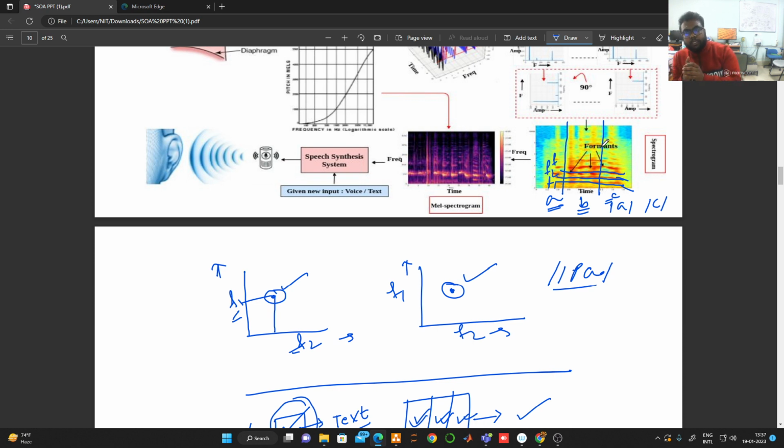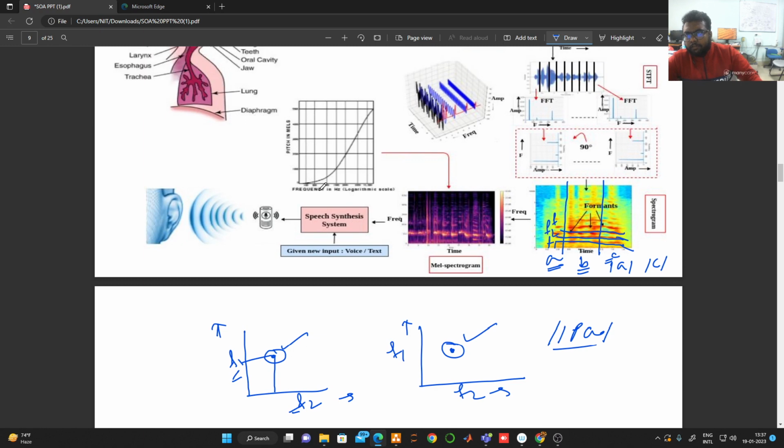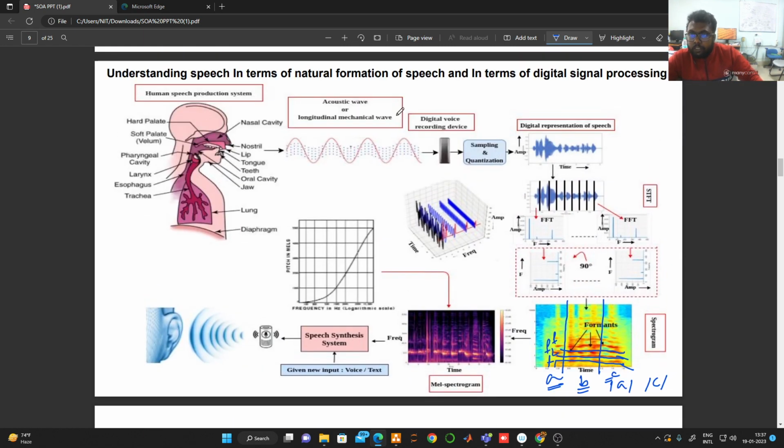Given any textual content, it can synthesize the corresponding mel spectrogram, and then you can use different vocoders, the voice coders. There are statistical and neural network based vocoders that can convert the mel spectrogram to the corresponding sound or wave file, and then we can listen to the sounds. You can make different kinds of sound given different texts. So this is the whole speech synthesis system.